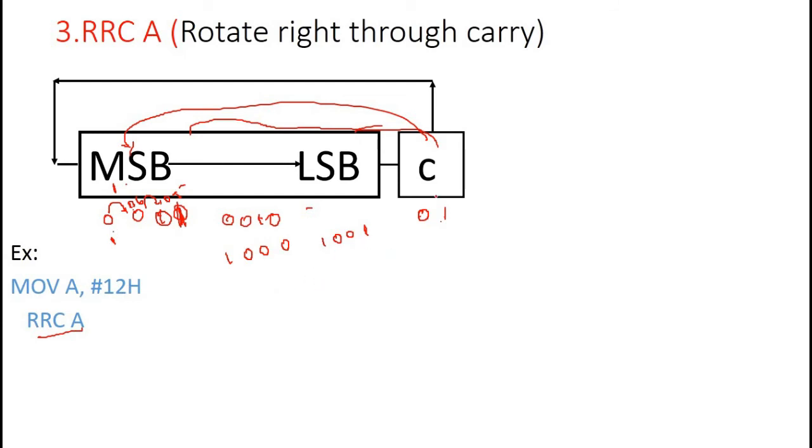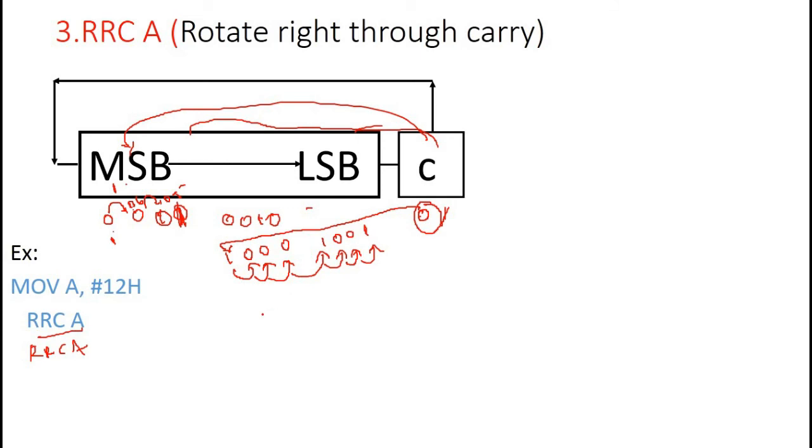Right? And now, for example, if we do one more time RRC A, what happens? Again this 1 will be shifted to the carry flag, and what is there in the carry flag here? The carry flag is 0, and that 0 comes to D7, and this will be D6, D5, D4, D3, D2, D1, D0.